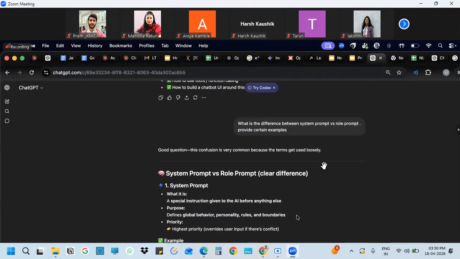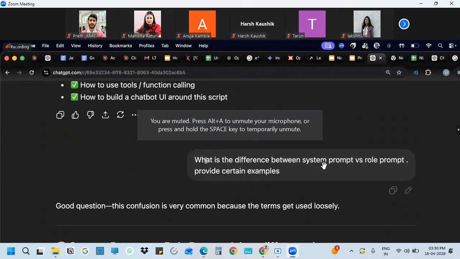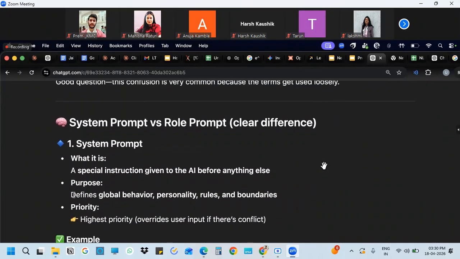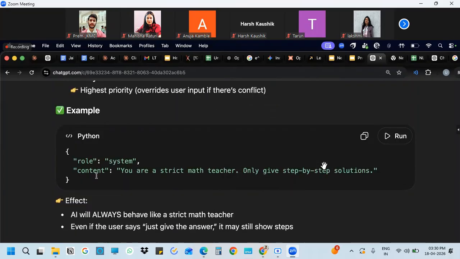Okay, so I just wrote this example. What is the difference between system prompt versus role prompt? I was just telling that this is the global behavior, personality, rules, boundaries, something which is already there in the slides. This is how we give it to the developer, and the developer gives it to OpenAI.